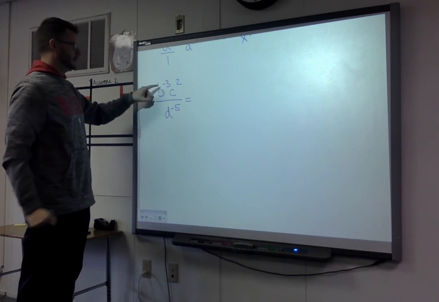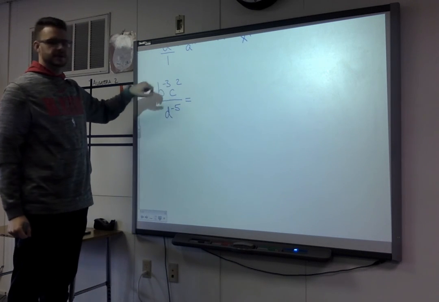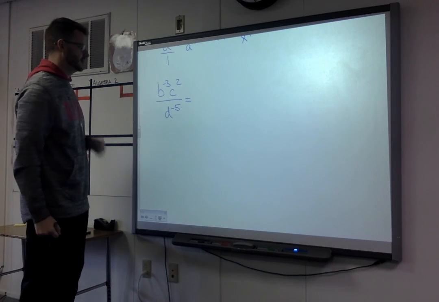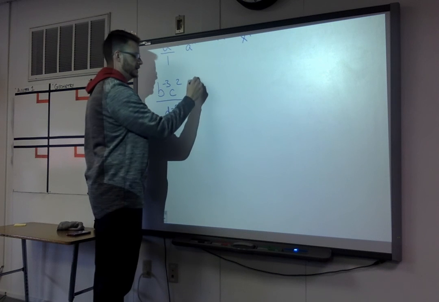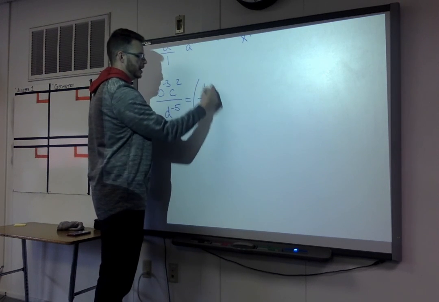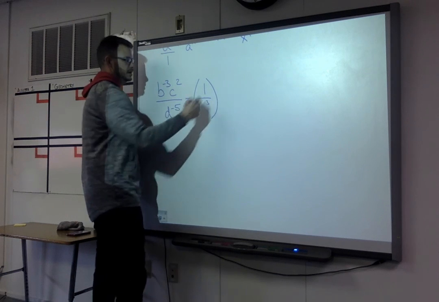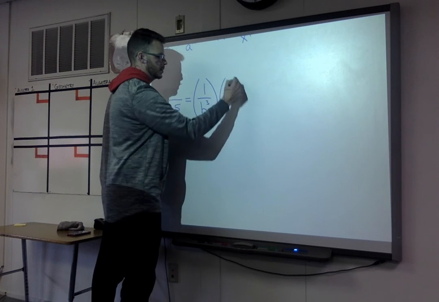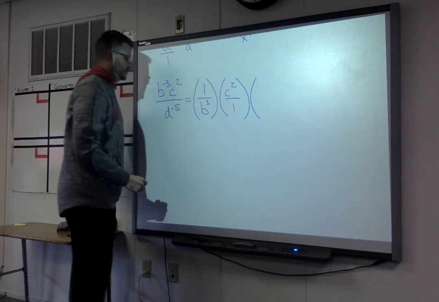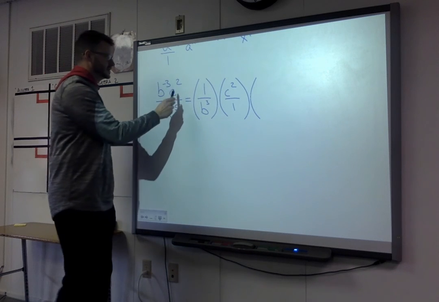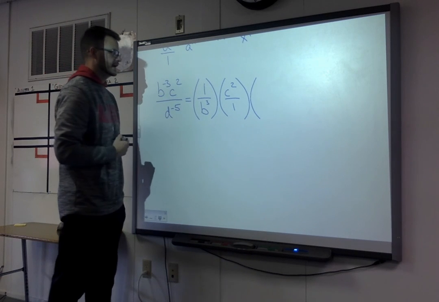So here, b to the negative 3rd, since it's in the numerator and it has a negative power, that's like saying b to the negative 3rd over 1, which we need to flip to be 1 over b to the positive 3rd. Then we have c squared, which we would write as c squared over 1. And then we have d to the negative 5th in our denominator, so that's like saying 1 over d to the negative 5th.